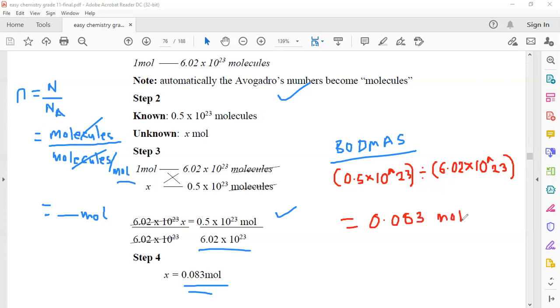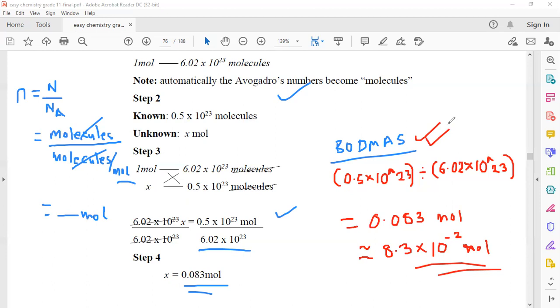If your calculator is in standard form, this will be 8.3 times 10 to the power negative 2 moles. So it's just a matter of knowing how to play around those numbers on the calculator, but make sure that you observe the BODMAS, and you get the correct answer.